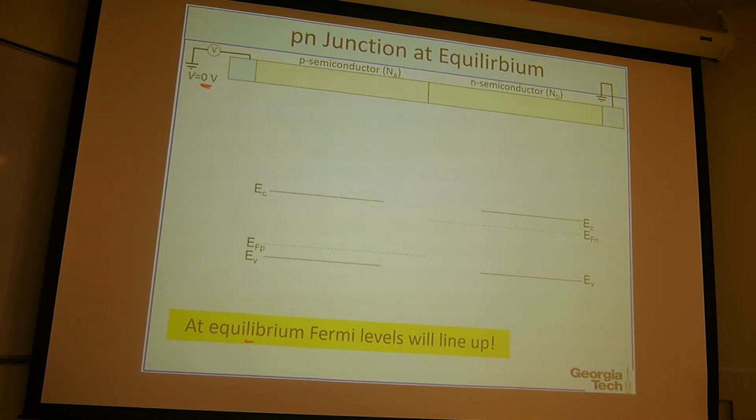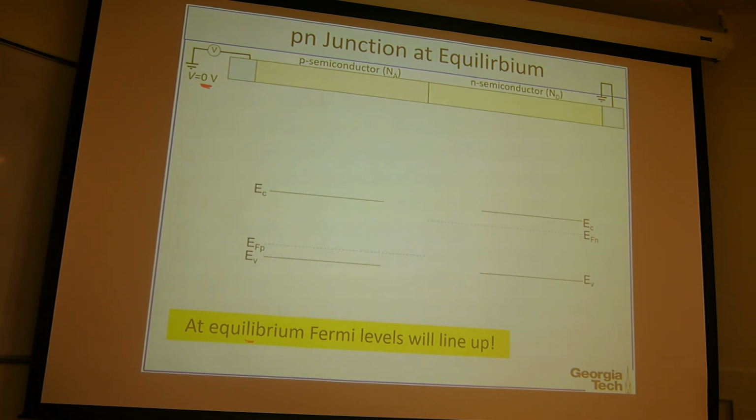So what does this mean here? You have EFP and EFN, and they are different. So now they need to line up.